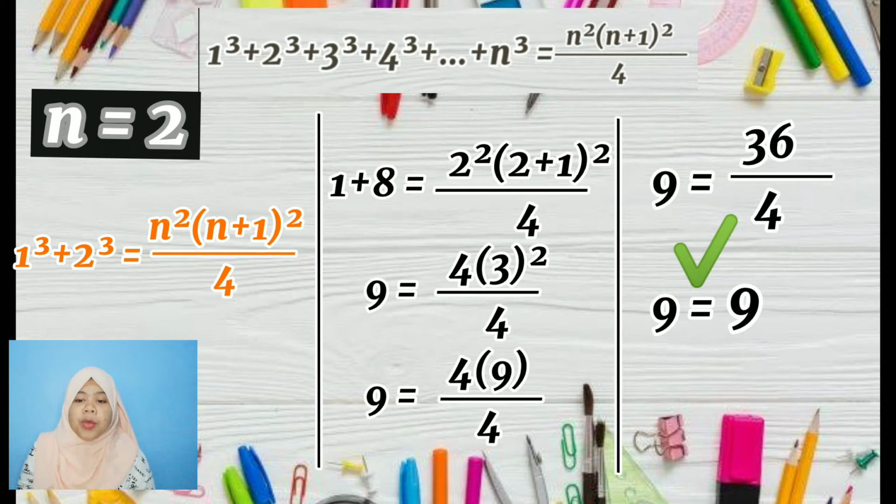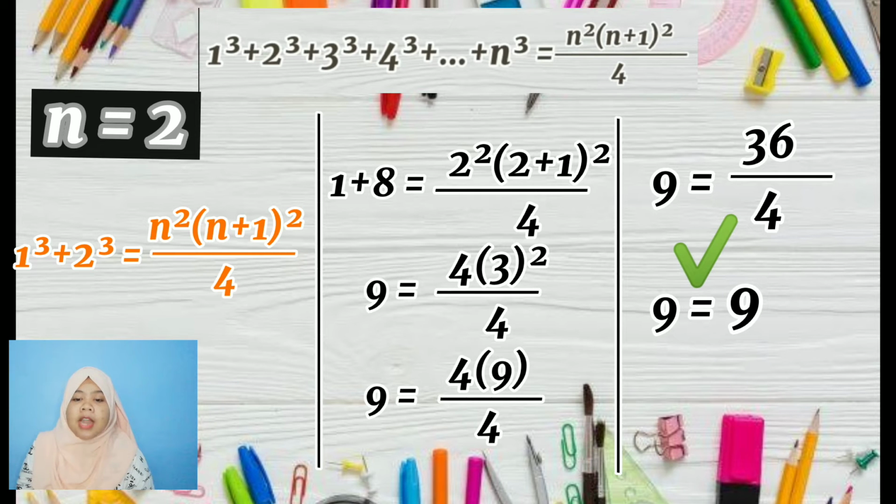Now after that we add 1 plus 8, which is equal to 9. And next, on the right side, we have 2 squared is equal to 4, times 2 plus 1 is equal to 3 squared.